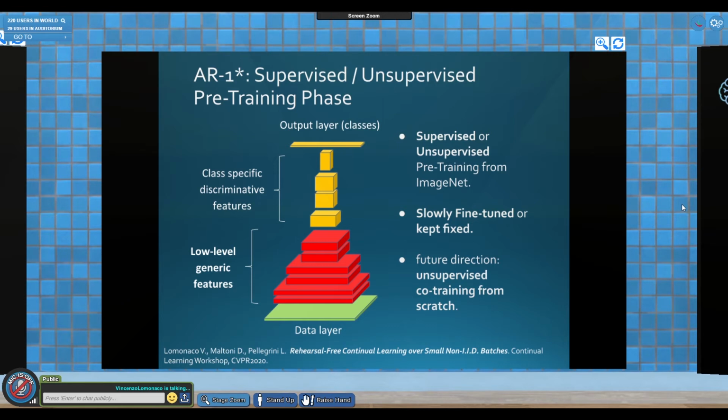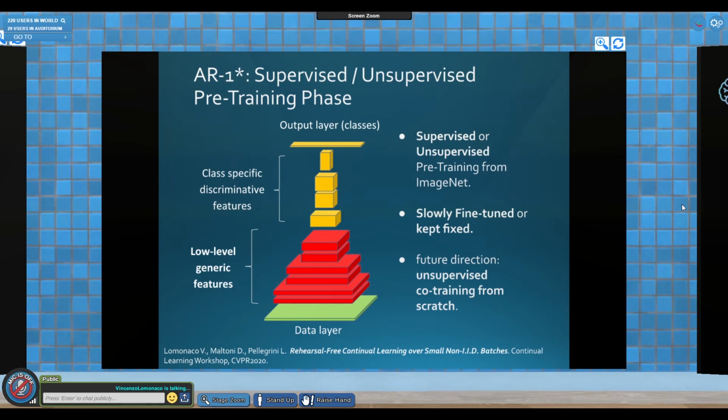For the low-level generic features, what we do here is start with a supervised or unsupervised pre-training from ImageNet, and slowly fine-tune that, or you can keep it fixed as well, because as you may know, training on a million images and 1,000 classes produces very good low-level generic features that you can use for every downstream computer vision task, and they're good for CORe50 as well.